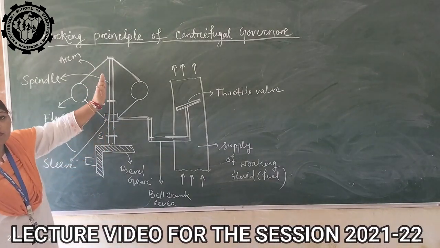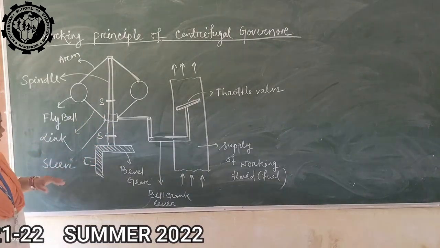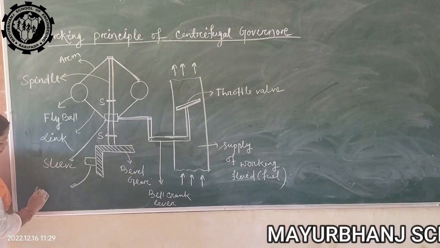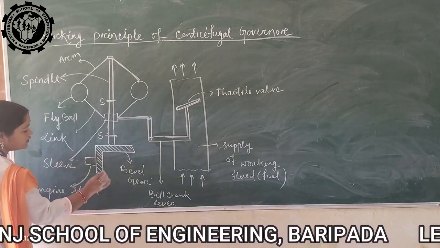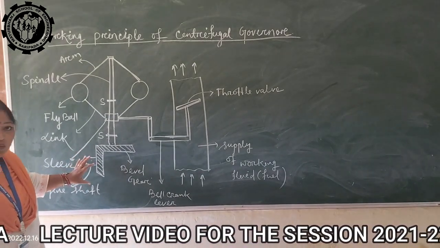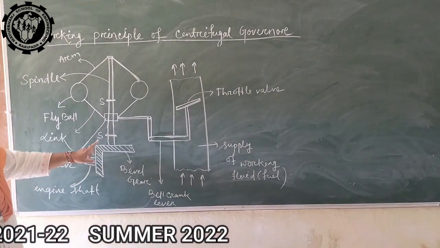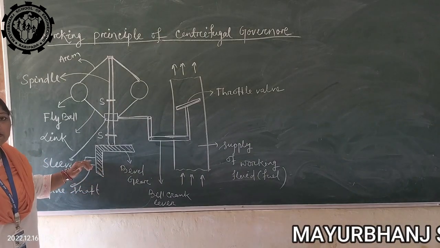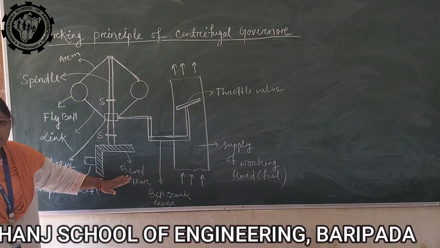Okay, so what happens in a governor? The center shaft is known as your spindle. Here, this shaft is your engine shaft. So the motion, or you can say the power, is transmitted from the engine shaft to the spindle through the bevel gear.